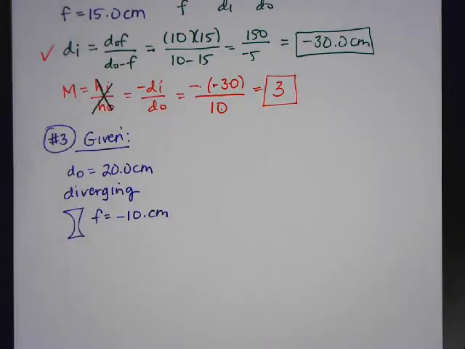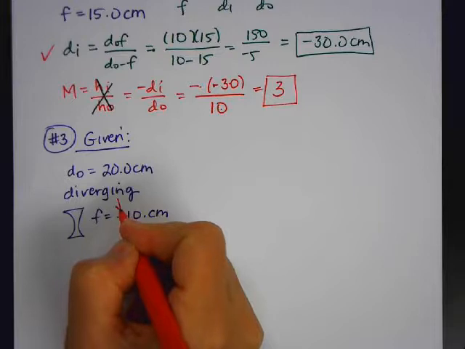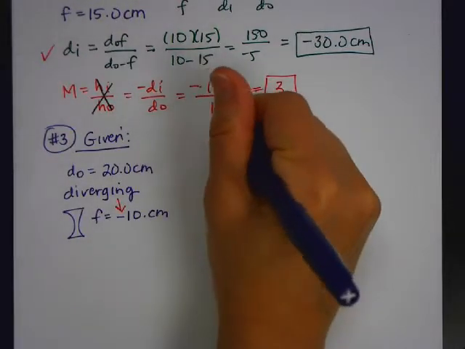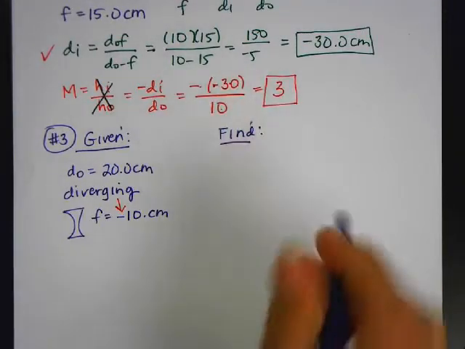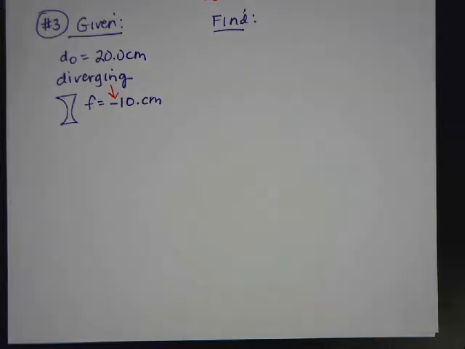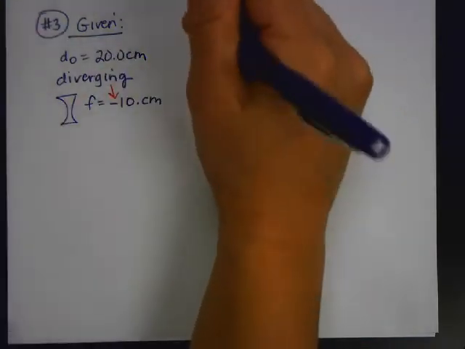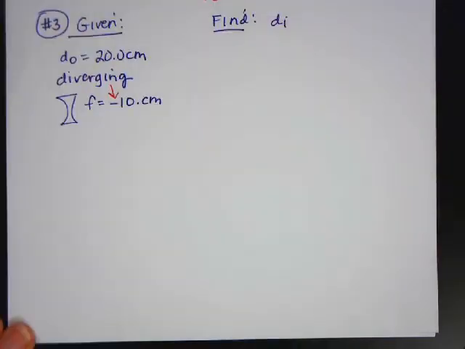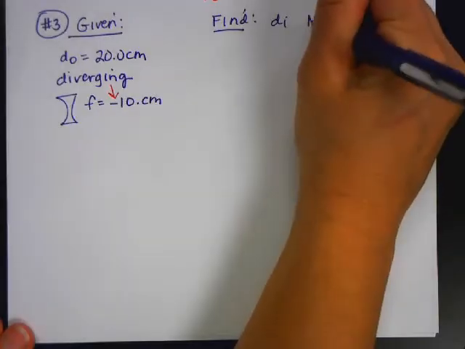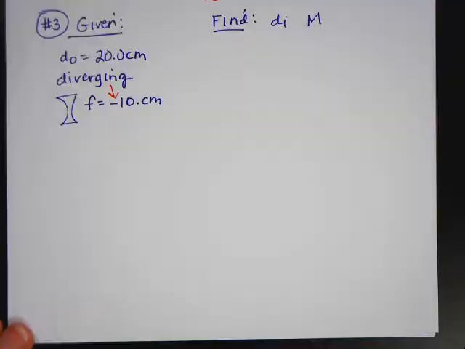This negative sign is because this is a diverging lens, and the focal length is negative on diverging lenses. Now it says find the image distance, which is di, and the magnification m. And then it says describe it.